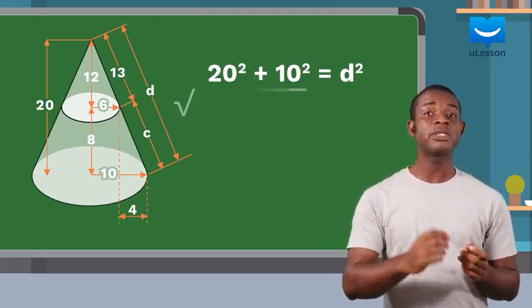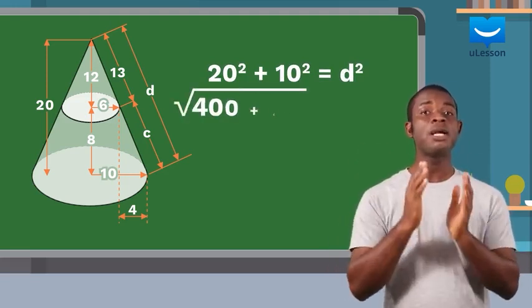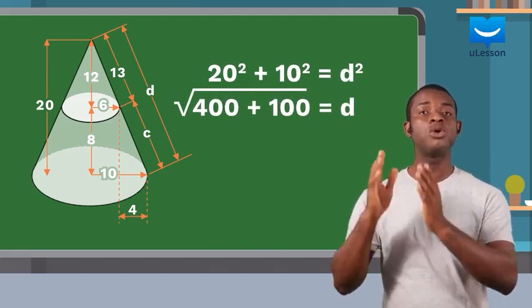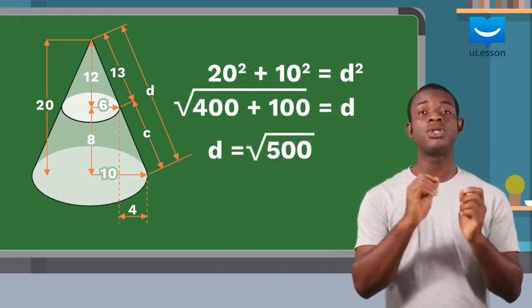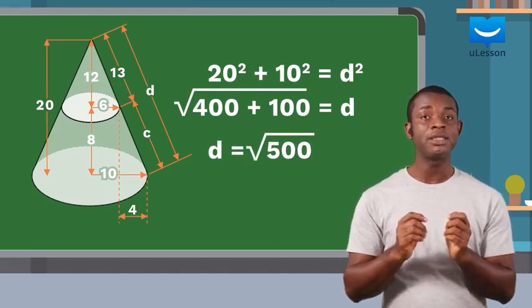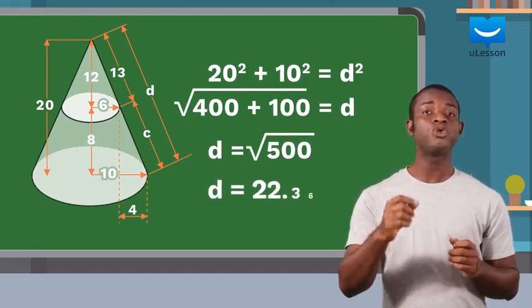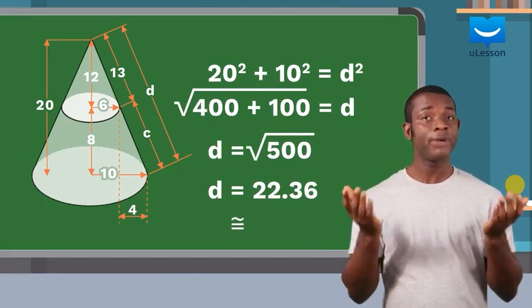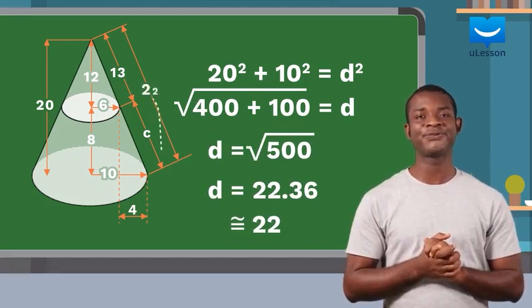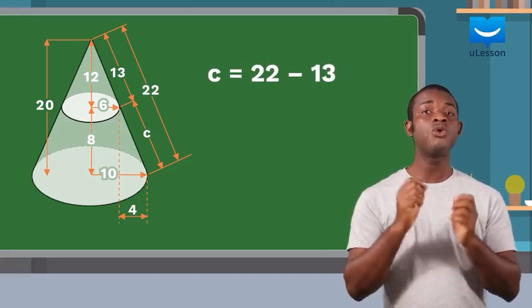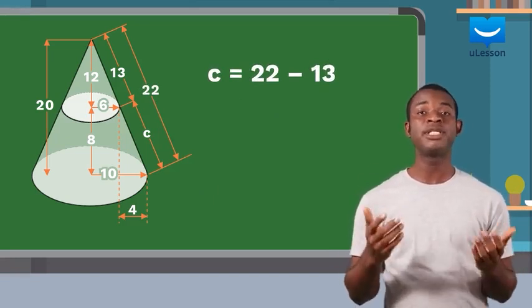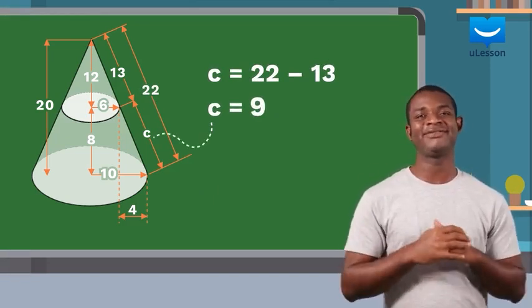Solving this gives us the square root of 400 plus 100 equal to D. This means that D is equal to the square root of 500, which gives D as 22.36, which is approximately 22. This means that C is equal to 22 minus 13, which gives us C as 9.